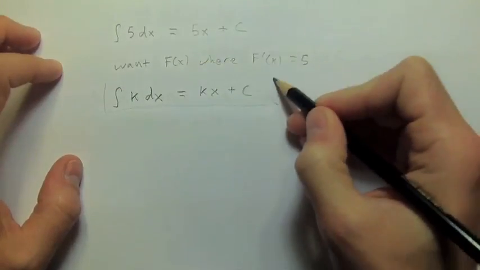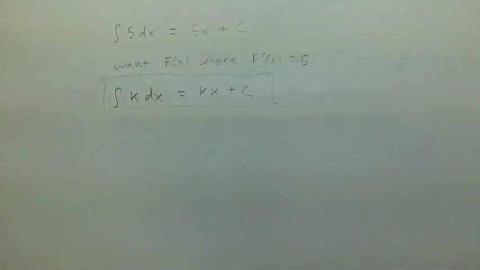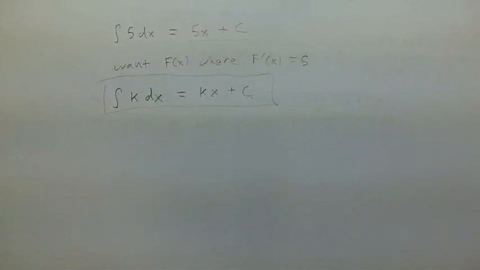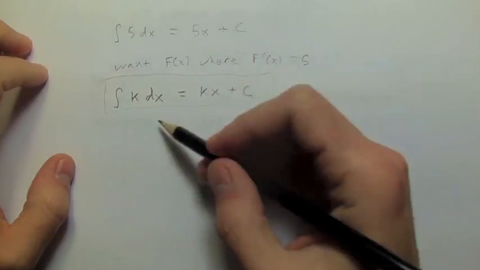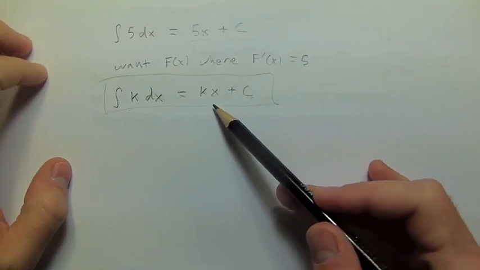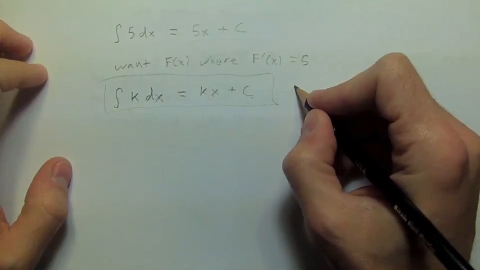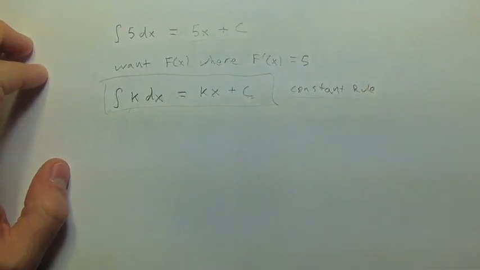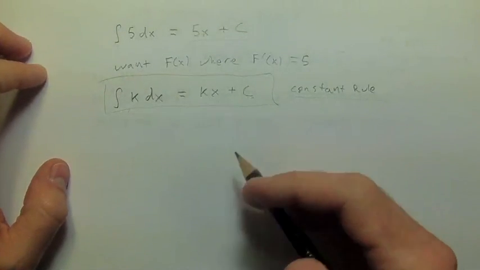I would have used c, but since I use c here, I didn't want to confuse things right off the bat. We could always use d or e or f or whatever we want for our arbitrary constants. So the antiderivative of a constant is the constant times x plus c. We could call that the constant rule. It's different from the derivative rule for a constant: the derivative of a constant is 0, while the integral of a constant is the constant times x plus c.